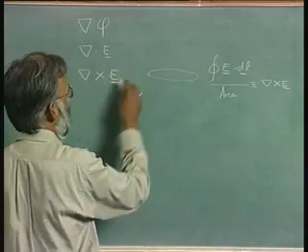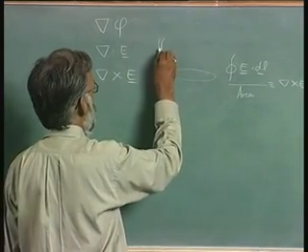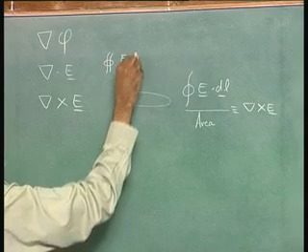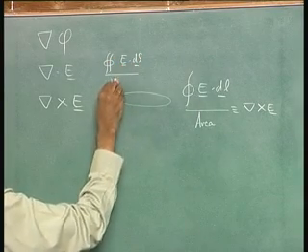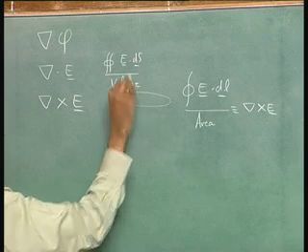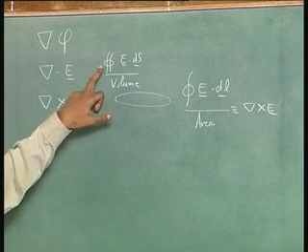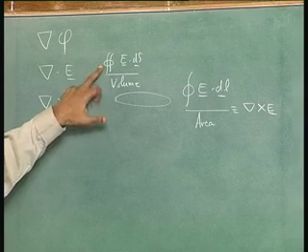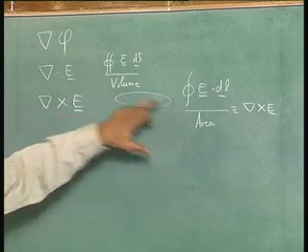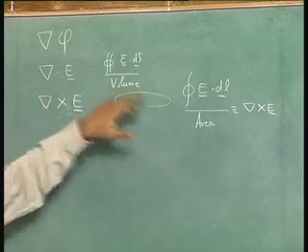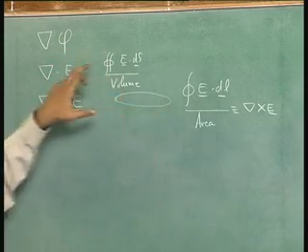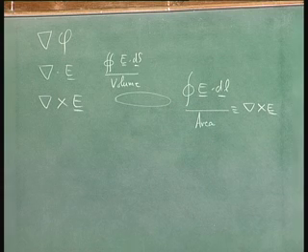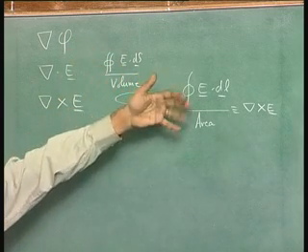Just as for divergence, we had that it's equal to the surface integral of E dot ds divided by the volume enclosed by the surface as you take the volume to 0. So both of these look very similar, and in fact in a more sophisticated mathematical treatment you can show that both of them are saying the same thing. In a certain sense, this is the divergence theorem in a different dimension.